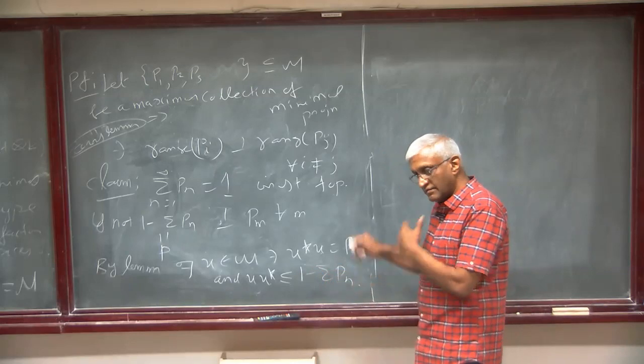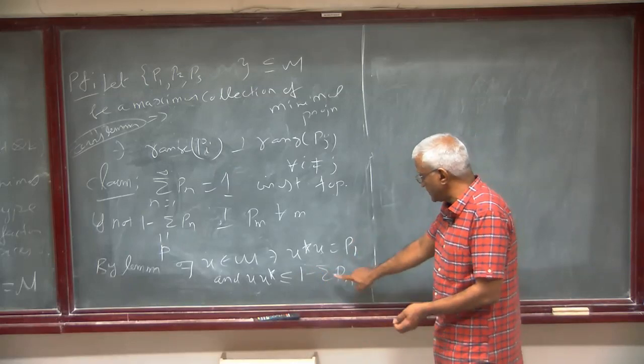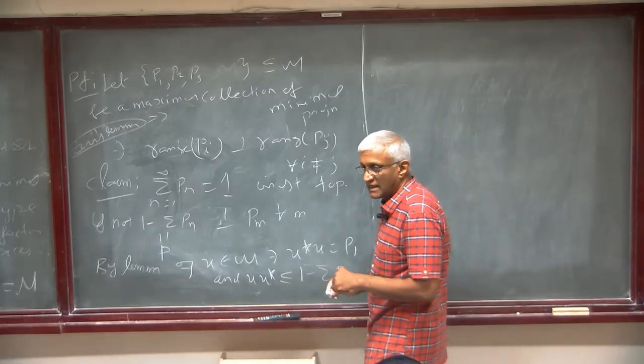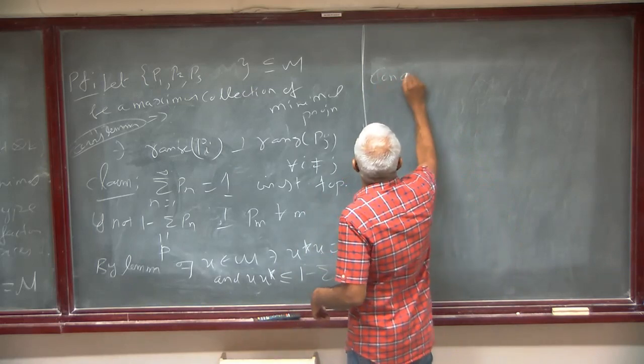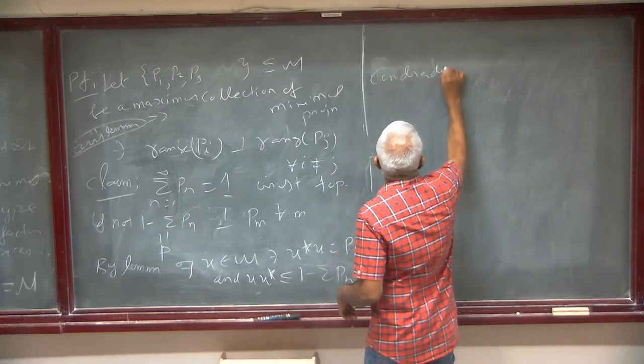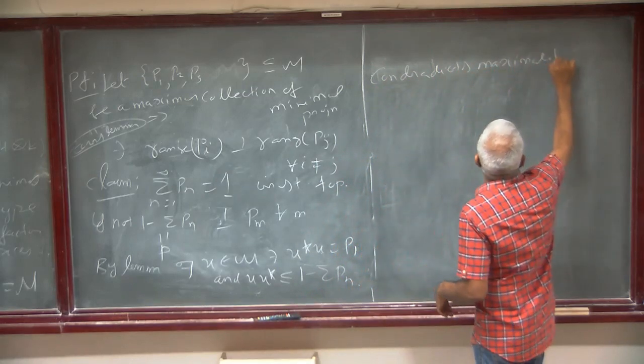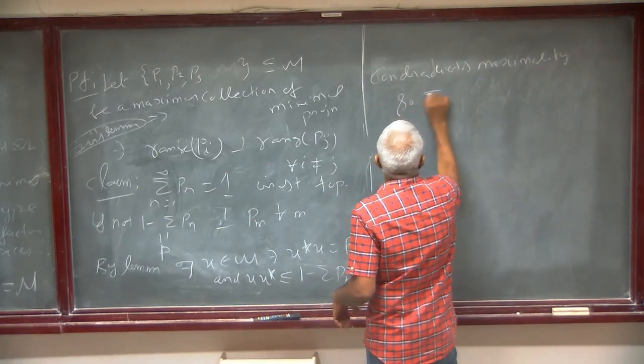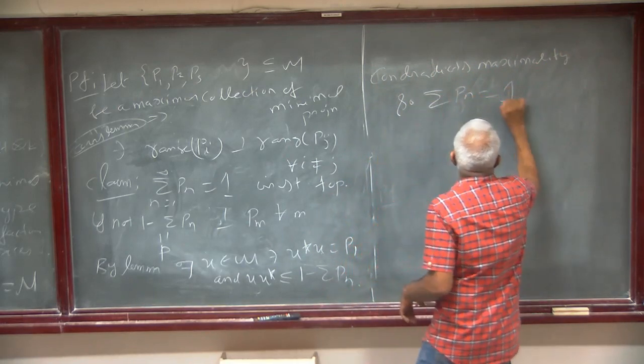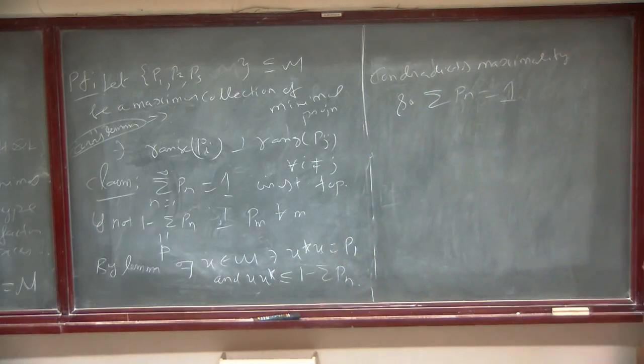So you have a minimal projection which is in the orthogonal complement of all these projections, which contradicts the maximality. So summation Pn equal to 1. So it should be identity. So you have a collection of minimal projections which are mutually orthogonal to each other and whose sum is 1. The sum is in the strong topology.